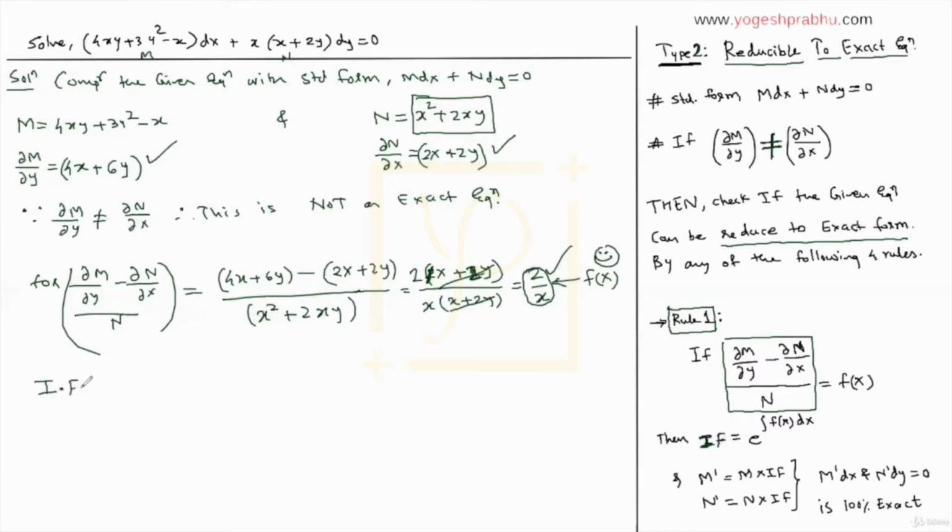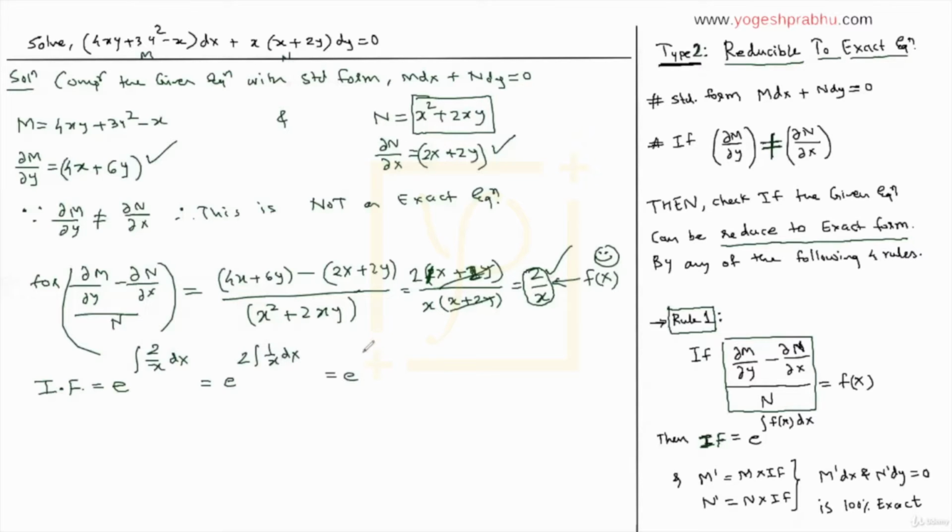Now we'll find the integrating factor, and IF is going to be e raised to the integration of f of x. We have this f of x over here, which is 2 by x dx. Let us simplify this more. I can take that 2 out: e to the 2 times the integration of 1 over x dx. Now we'll integrate 1 by x and that will become log x.